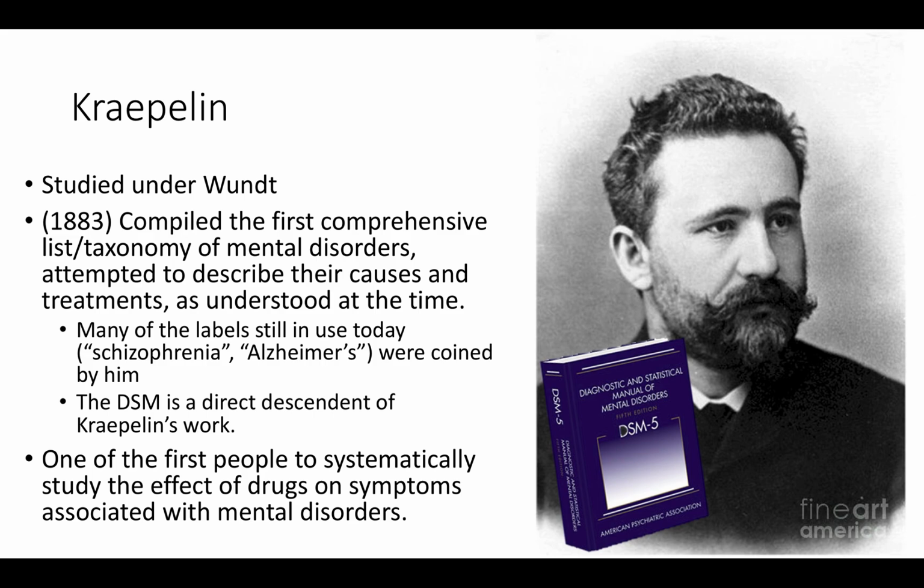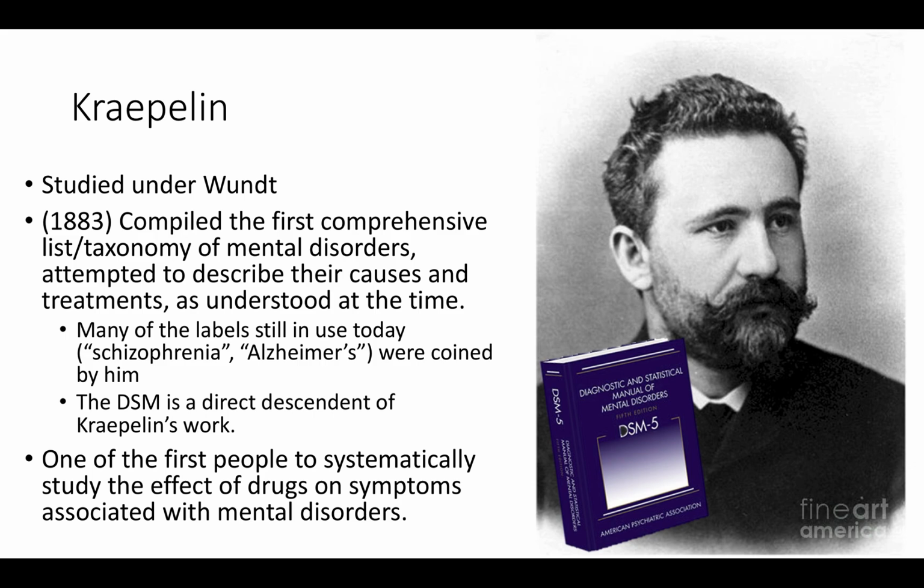Kraepelin was an extensive collector of data and case histories, and he published a book talking about the taxonomy of mental disorders. This is an early precursor to the DSM, which is now in the fifth edition. That is the Diagnostic and Statistical Manual of Mental Disorders.